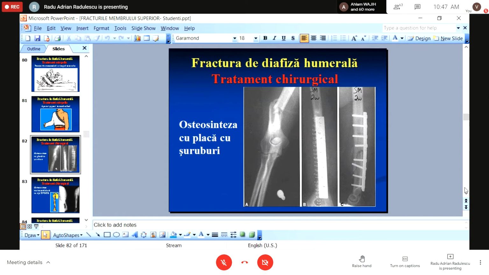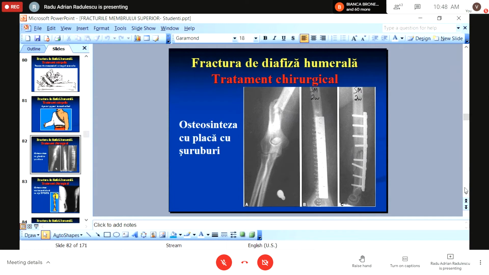The surgical treatment consists in... the type of fixation depends very much on the complications at the level of the fracture. So if we have a radial nerve palsy, then sometimes we may need to go into the fracture site and explore the nerve in order to be sure that it's not interrupted.